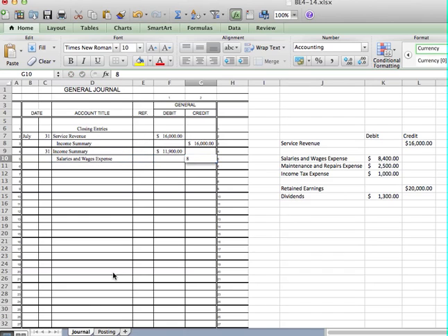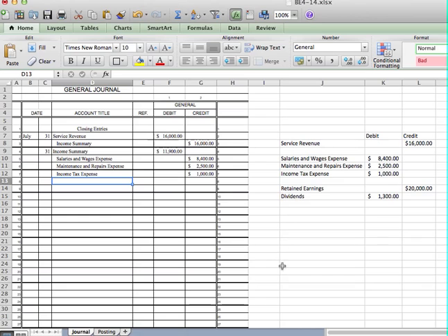Salary and wages expense is a credit of $8,400. Maintenance and repairs expense is a credit of $2,500. And income tax expense is a credit of $1,000.